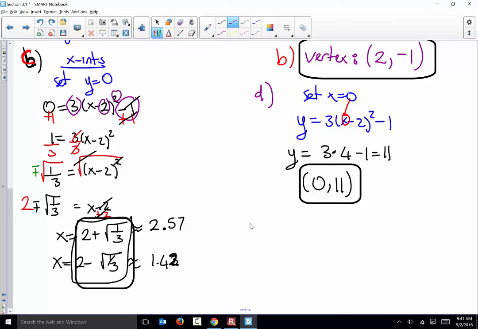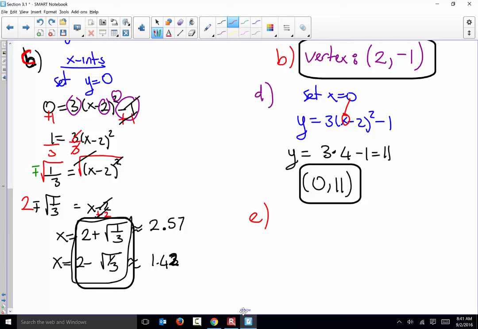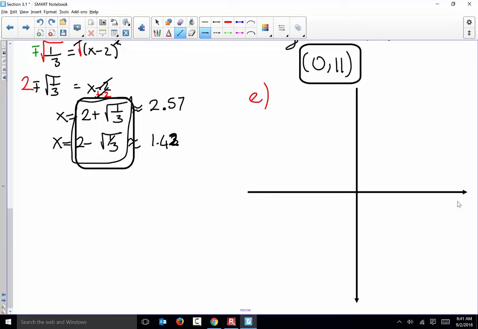E, right? Am I doing it right? Sketch this thing. I'm starting with the intercepts, 0 comma 11 is the y-intercept. I will say here. Oh, that's positive.